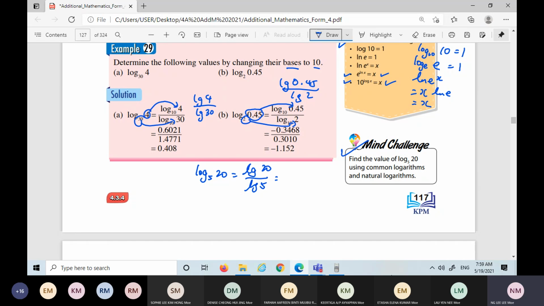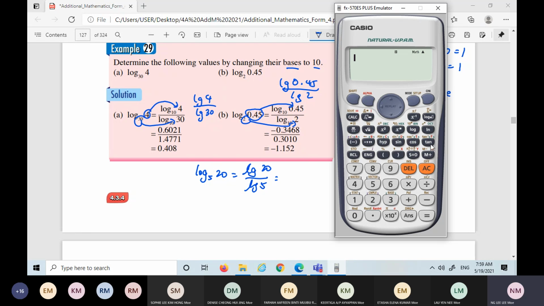We use a calculator to check and see. lg 20 divided by lg 5. The answer is 1.861.